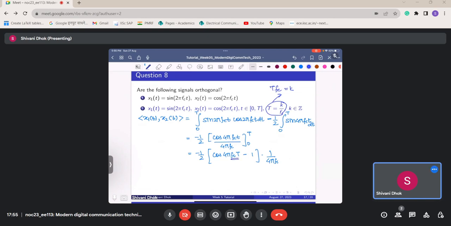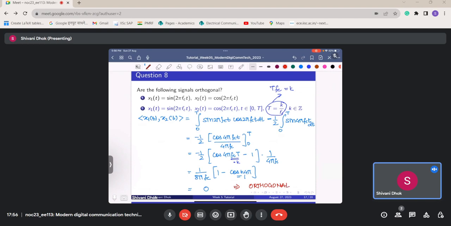So I can write this quantity as equal to K. So now this becomes 1 upon 8 pi fc times 1 minus cos of K times 4 pi. So basically it is an integer multiple of 4 pi, and the cosine is equal to 1. So this is equal to 0. And since this is equal to 0, these are orthogonal.